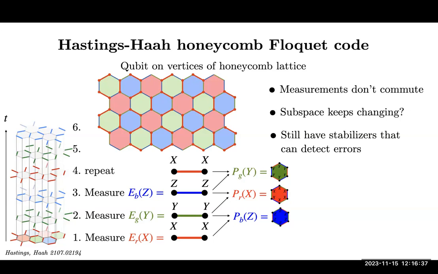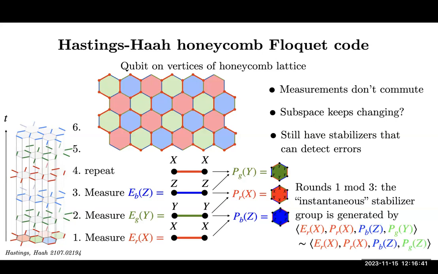But now, what is the relation to the toric code we're using? Let's look at one of the rounds. Suppose I repeat this multiple times. After a while, in round 1, the wave function I have will be a simultaneous eigenstate of all these red edges and the red, blue, and green plaquettes.